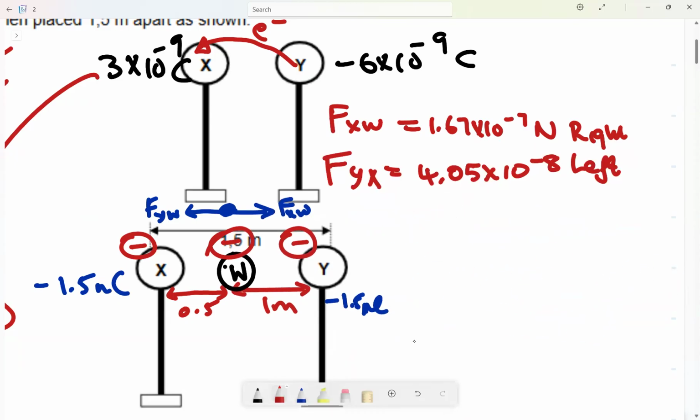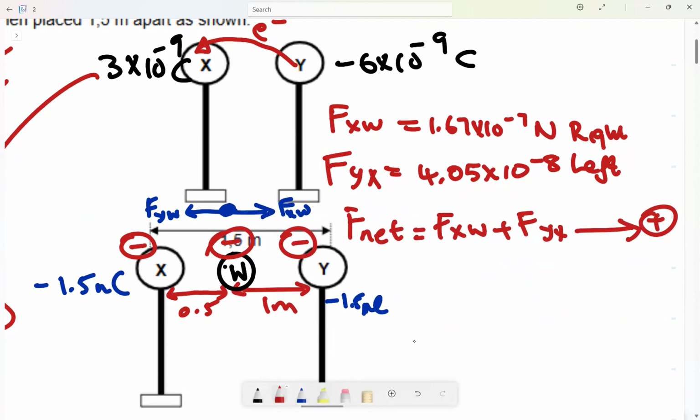Therefore, F net is equal to force X on W plus force Y on W. We choose right as positive. We need to choose the direction, okay? Therefore, if we choose right as positive, it means this one will be 1.67 times 10 to the power of negative 7 minus, because this is moving to the left, 4.05 times 10 to the power of negative 8.